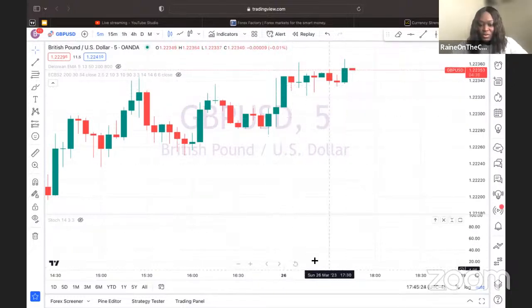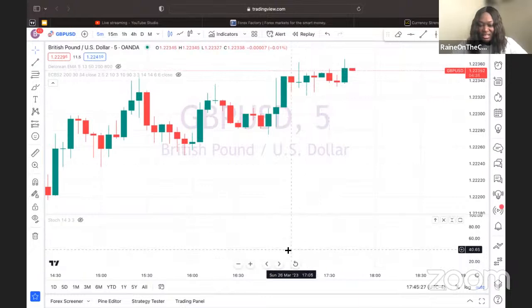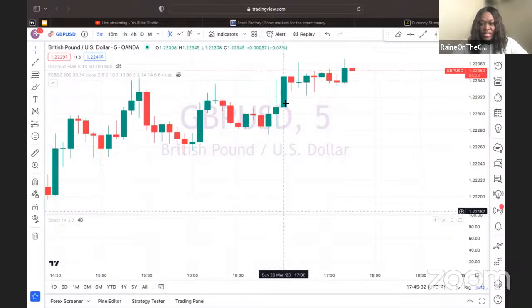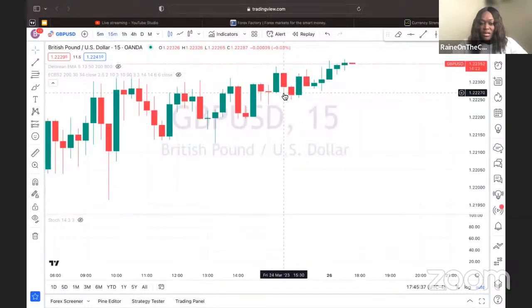So the market opened at 5. Let's see. It made a move like that, but let's go on the 15-minute. Okay. So it opened right here. It came here.